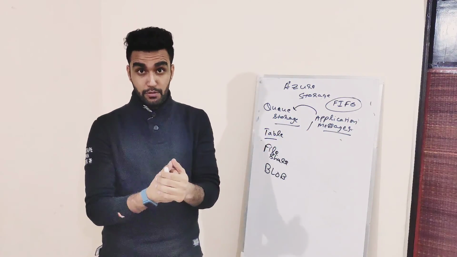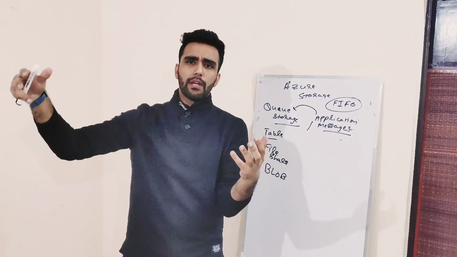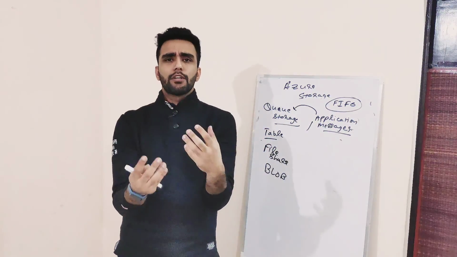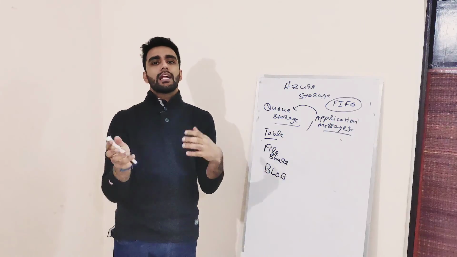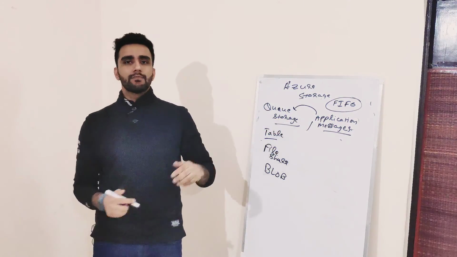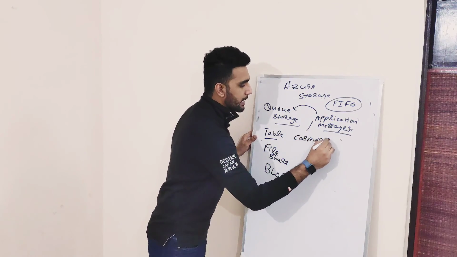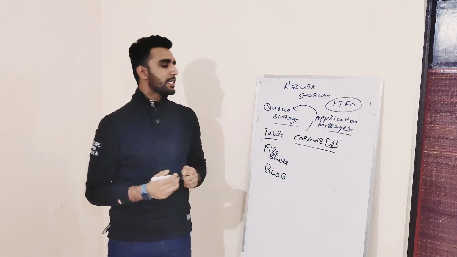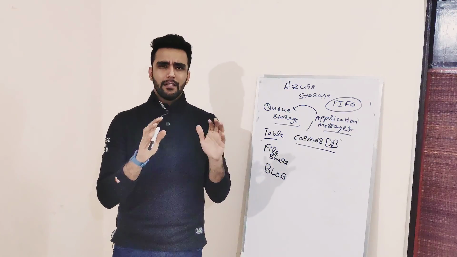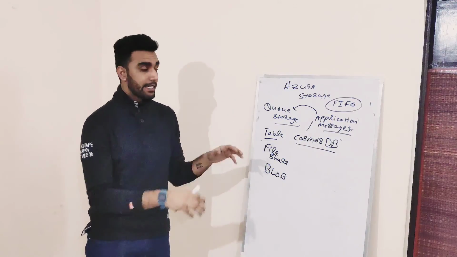So you can use queue storage for applications that are already online, or applications that have been developed on or are running on Microsoft Azure application services. Table storage is more like a part of Cosmos DB. We'll do a deep dive of Cosmos DB, but in a nutshell, it's still a database, right? It's a highly scalable database.